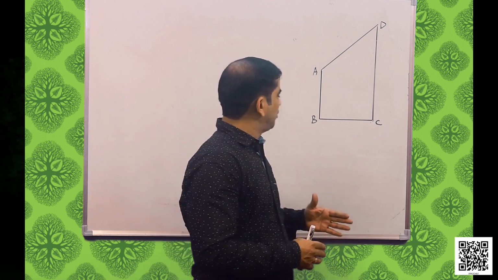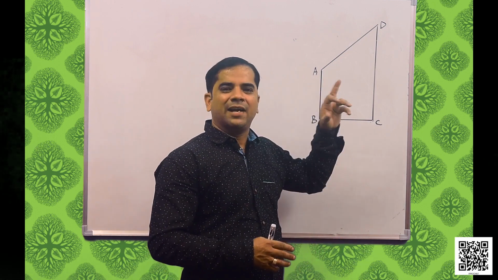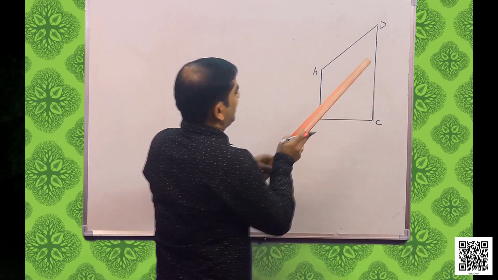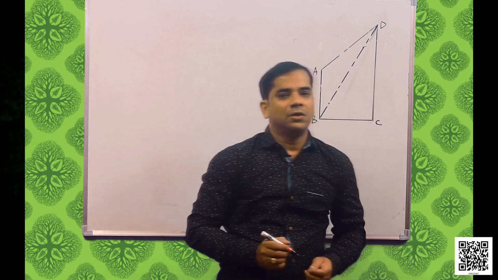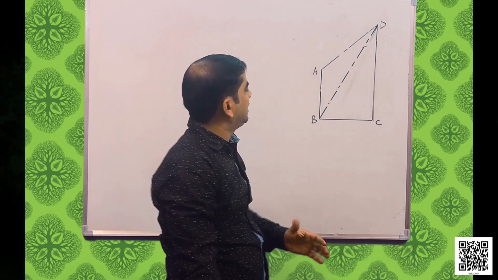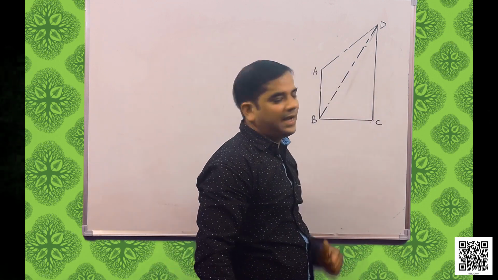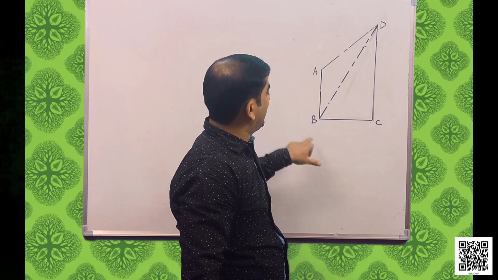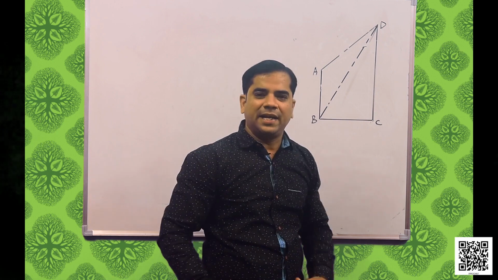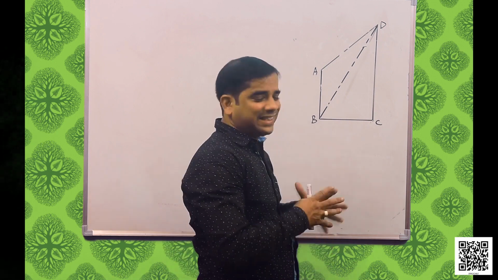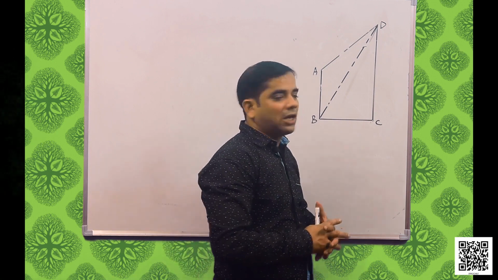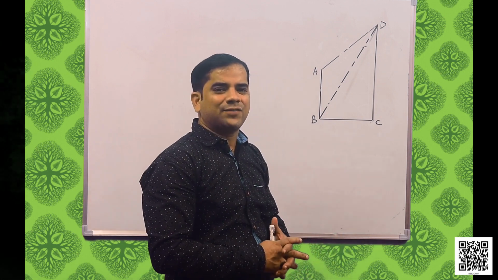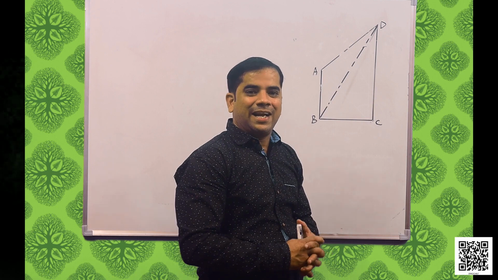So, let me join B and D. Students, you can clearly see that by joining B and D, we are left with two triangles ABD and BCD. So, we will utilize these triangles to come to the solution. Let us first consider triangle ABD.